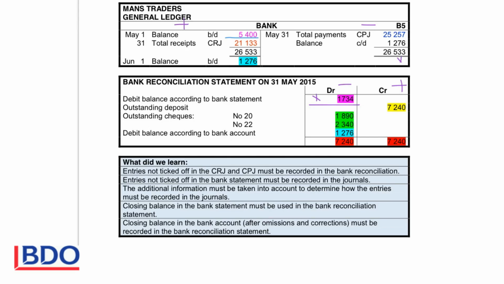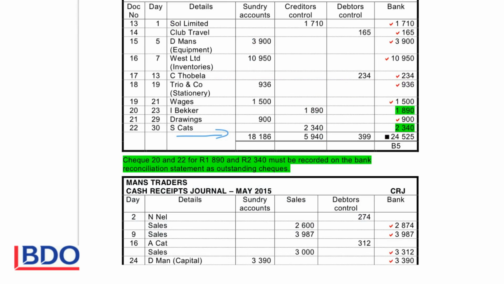If we look at our cash payments journal, we see that there are 2 checks that was not ticked off. So that means those 2 checks were not paid out by the bank. The bank will have to pay it out in the future. So anything that they still have to do in the future will be recorded in the bank reconciliation statement.